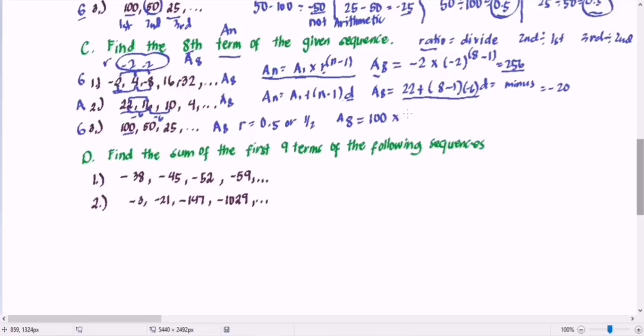So, siguro gamit natin dito ay yung 0.5 na lang. Parehas na naman yan. And then, parenthesis, sa exponent natin, yung N natin ay 8. 8 minus 1 pa rin. Kasi 8 term yung kailangan natin eh. Yung pang-8.